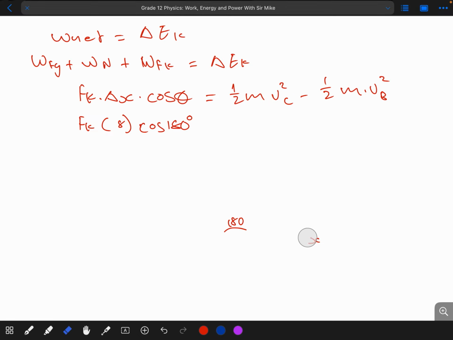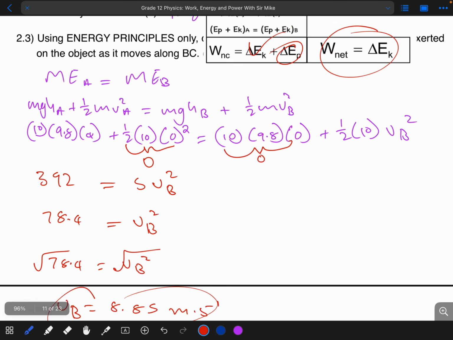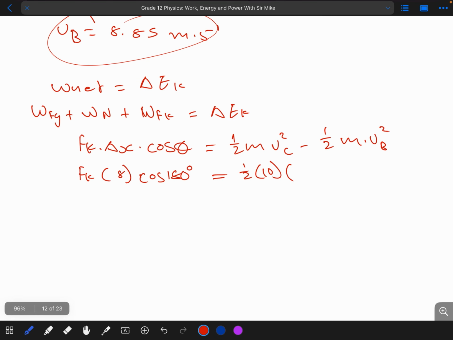Let me just erase this. What we now have is equal to a half multiplied by the mass, which was 10, multiplied by the speed of the object at point C. They said that it stopped when it reached point C, so it will be 0 squared, minus a half multiplied by the mass, which is 10, multiplied by the velocity at point B squared.